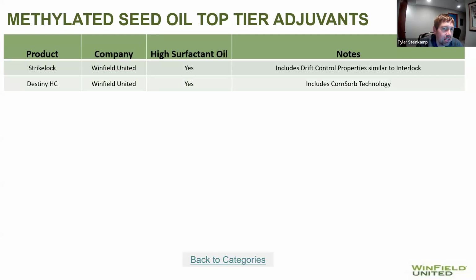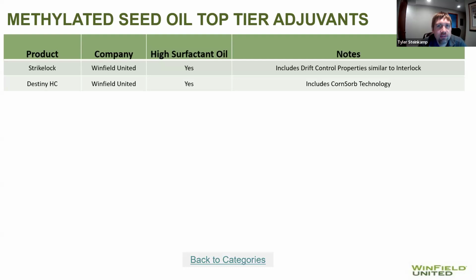All right. I'm going to skip through some of these just so I can make sure to get to everything. Methylated seed oil. So our top recommendation would be Strike Lock. Destiny's a really good option, but the nice thing about Strike Lock is it has very similar properties to Interlock, which we'll discuss here in a little bit. Now, a lot of people assume that Strike Lock is just a combination of Destiny and Interlock. That's not actually the case.